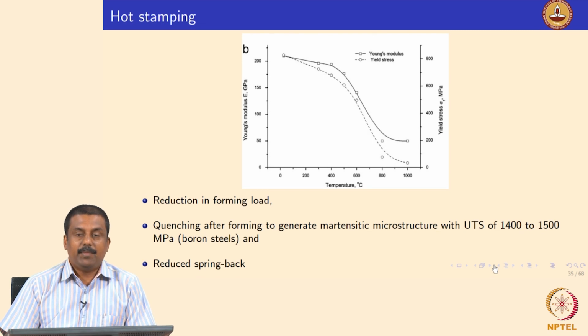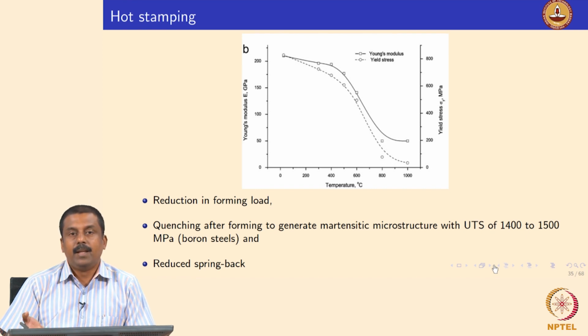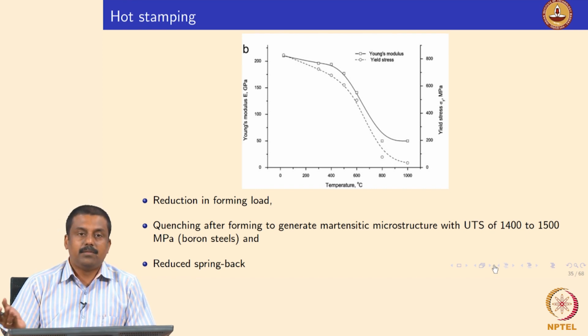But somehow we can overcome the problem of ductility by starting with a simple ferritic pearlitic microstructure. Ferritic microstructures are easy to deform compared to martensitic microstructure. But if you use a conventional ferritic microstructure, as I showed you in the banana diagram, your strength cannot be increased beyond certain megapascals.